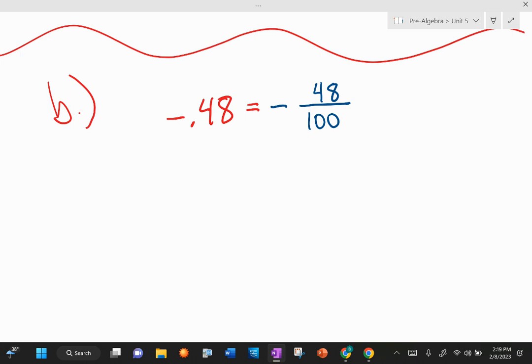Yes, they could. So if we divide 48 by 4 and we divide 100 by 4, that will give us negative 12 over 25. Is that the final answer? Yes, it is.